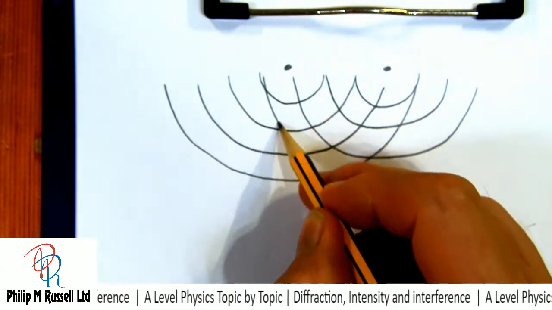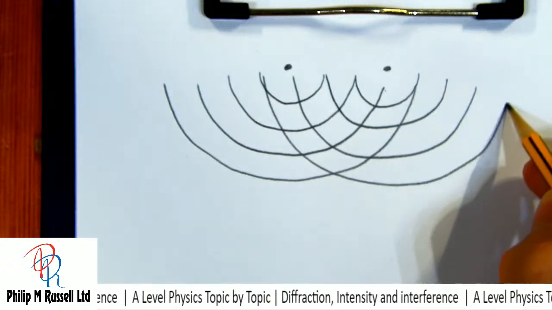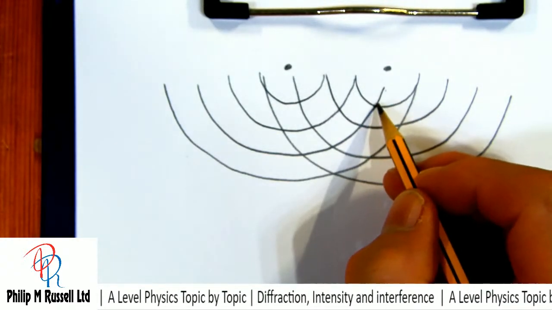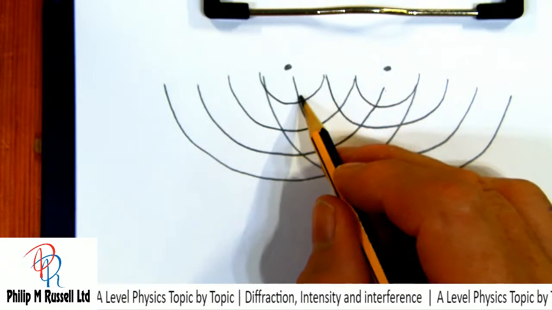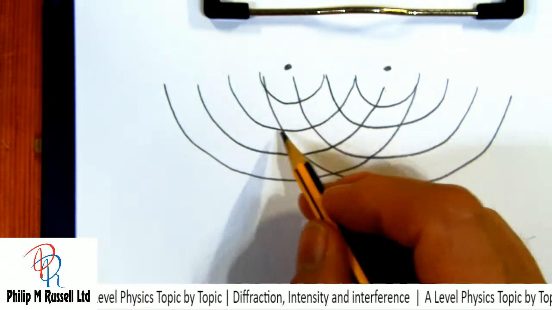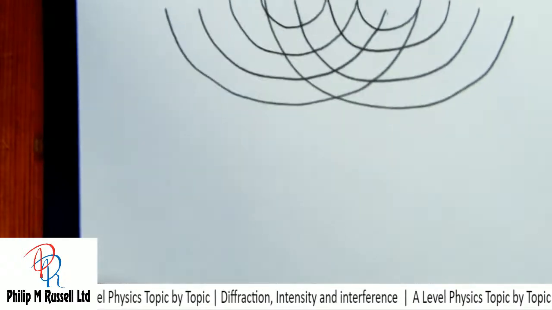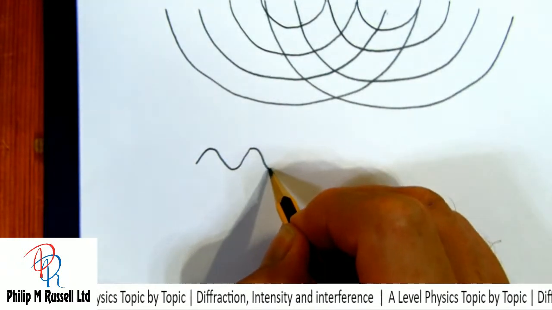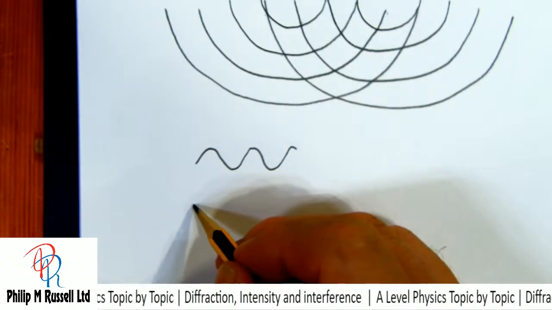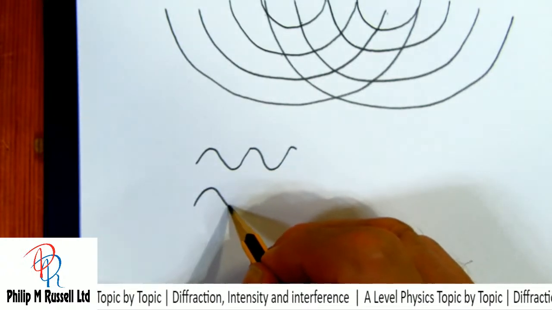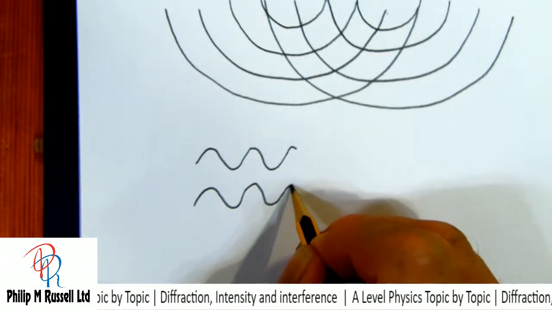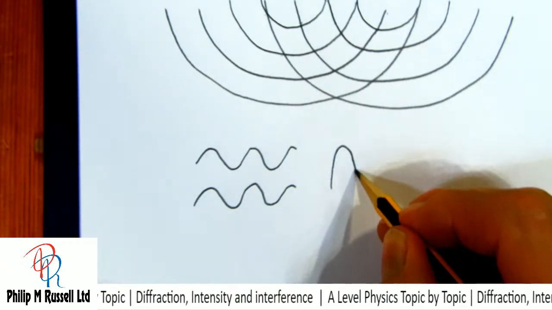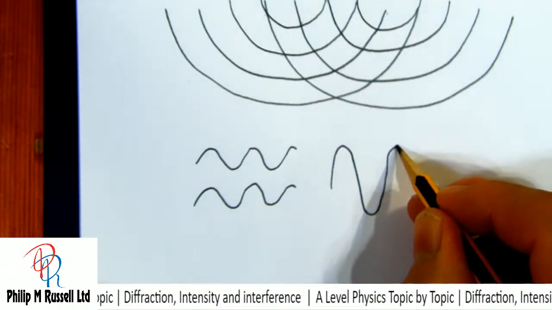I'm trying to draw these approximately the same. Easy with a compass. Where the two bits of wave hit the two peaks, these are accentuated. So if I've got this wave and it coincides with this wave, then the peaks amplify and we get much bigger waves.